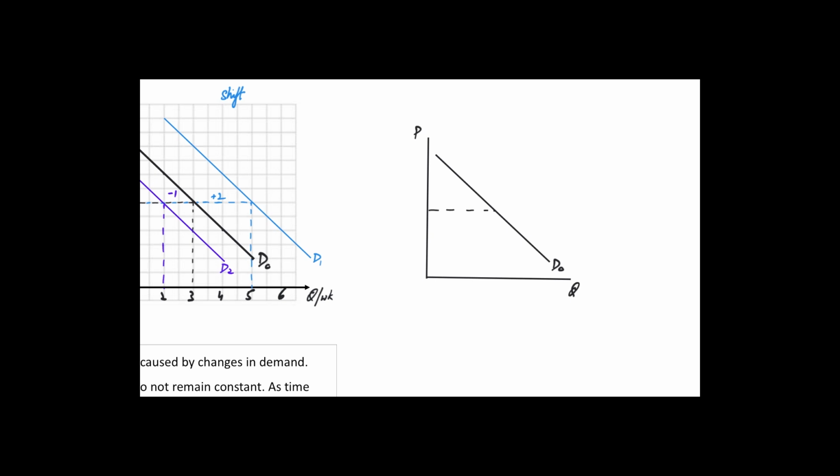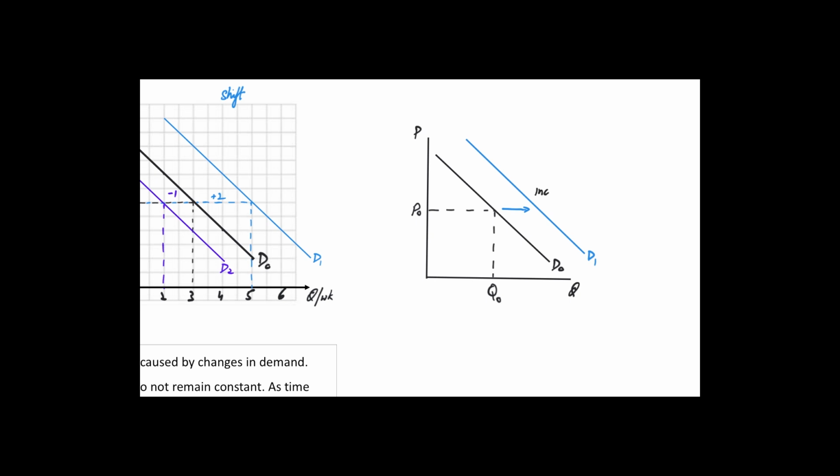Do a rough marking on it. एक POQO की marking कर लो. And then to show an increase in the demand, just make a parallel shift to the right. Call it D1. Make an arrow. This is important. You make an arrow.